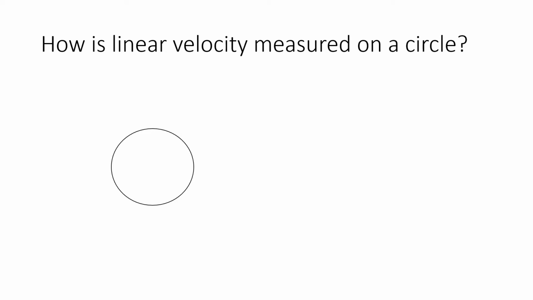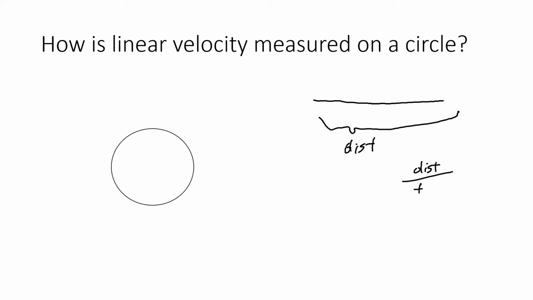When we think about driving a car, we normally think about driving in a straight line. And we would take the distance here and figure out what time it took us to drive that distance. And we would divide it by the time, and that would tell us how fast we're going.